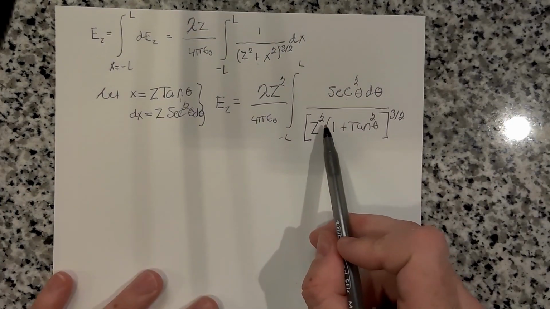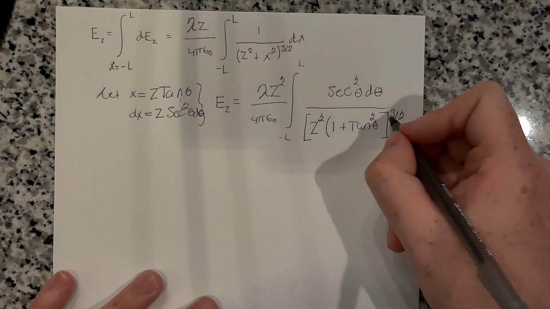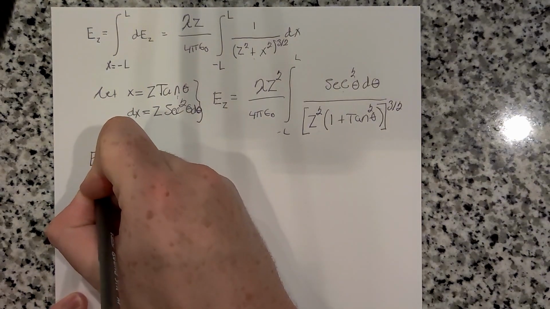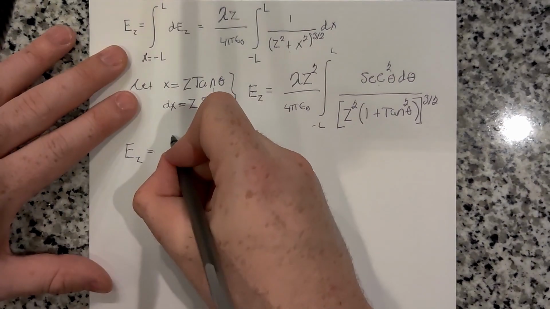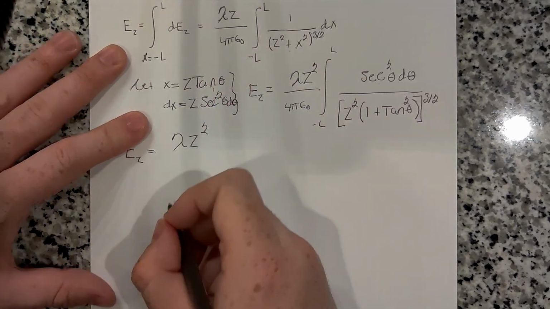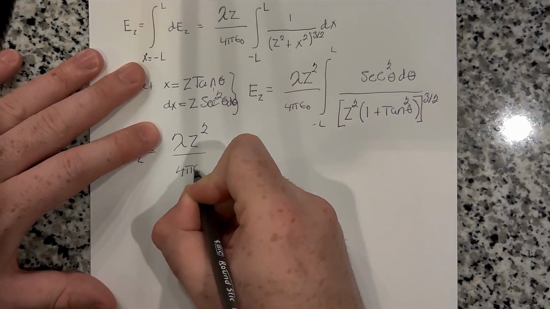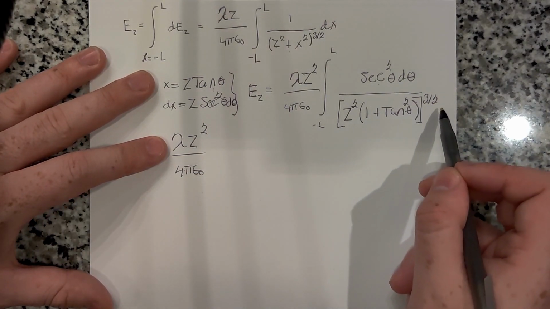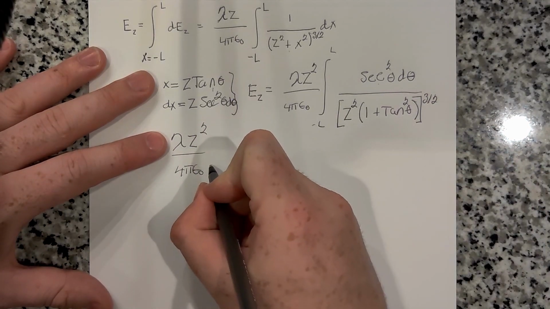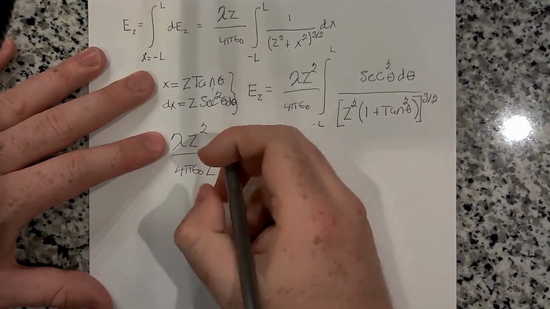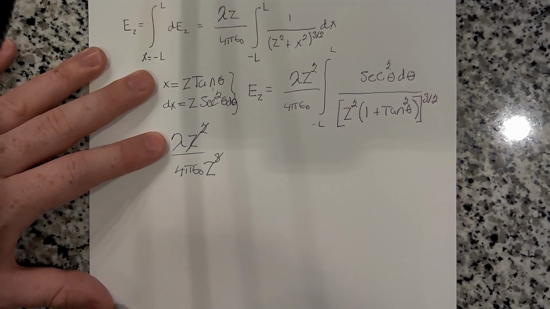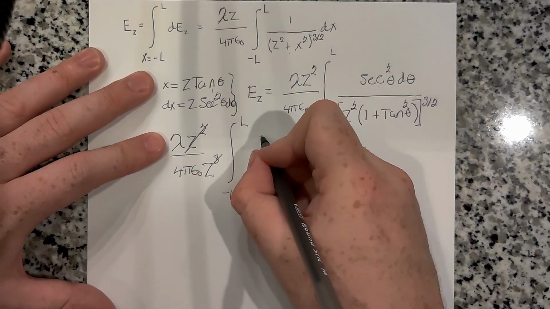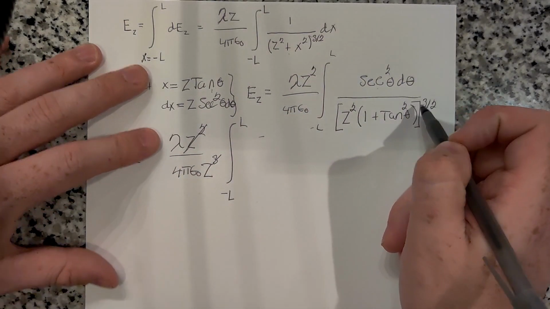And then applying the power to each of these terms here, we have that Ez, so we have lambda z squared over 4 pi epsilon naught. So z squared to the 3/2 is z cubed. So we have z cubed on the bottom here. I can pull that out and that'll cancel that. Then we have our integral still, minus L to L of secant squared d theta.